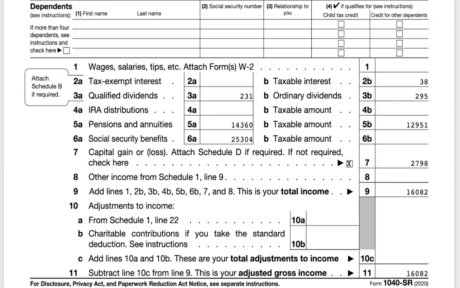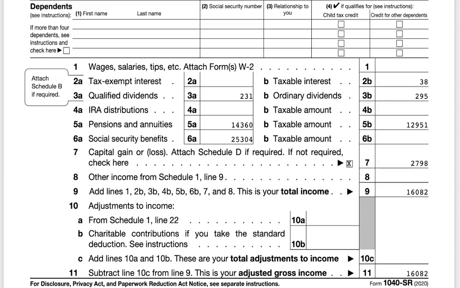So, taking a look here, what we see is interest, some dividends, pensions and annuities, most but not all taxable, some capital gains and losses, which typically involves sale of stocks or bonds, and a total AGI of $16,082.